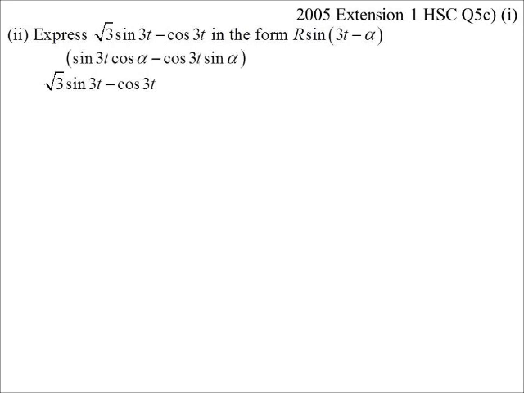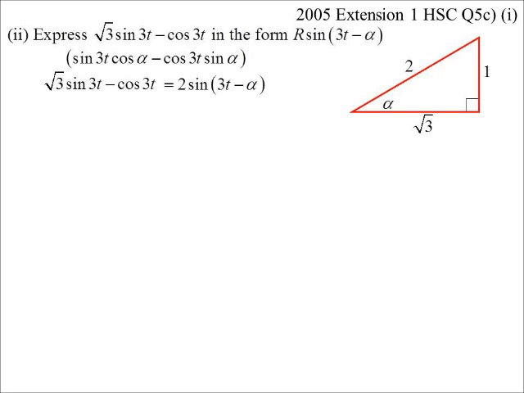If you think about it, sine 3t cos alpha minus cos 3t sine alpha. There's my triangle. Cos is the root 3, so I'll go adjacent. Sine is the 1, so I'll go opposite. The hypotenuse becomes 2, so that's equal to 2 sine 3t minus alpha.